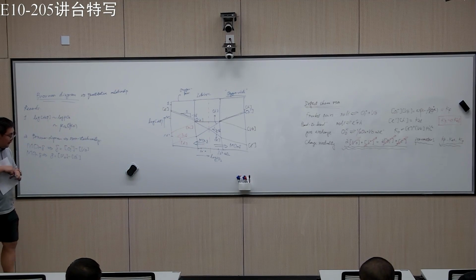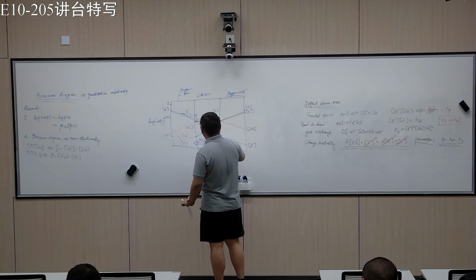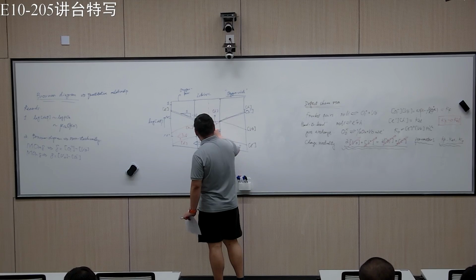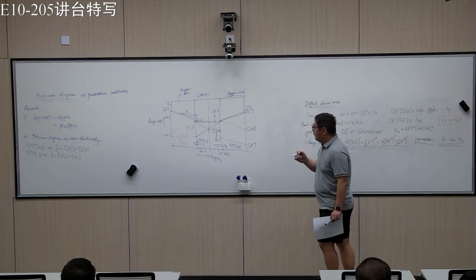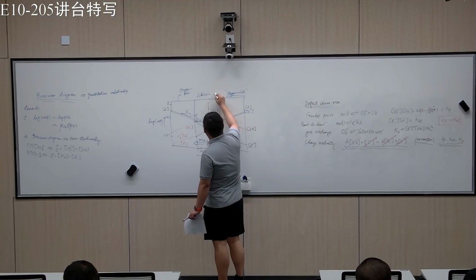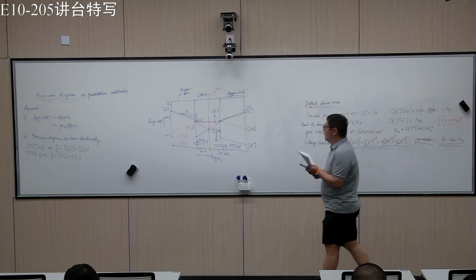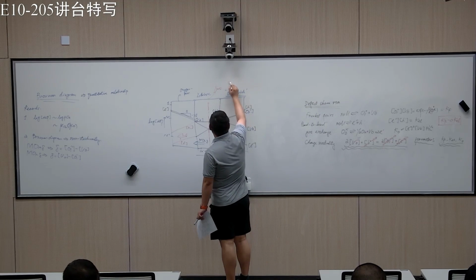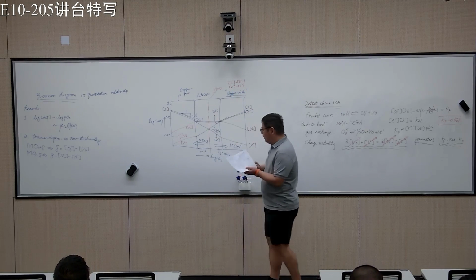Okay, there's one very special point, which is this point, or this line here. This line is where delta is strictly 0, which means that not only is the oxygen vacancy the same as the oxygen interstitial, but also the electron number is the same as the hole number.